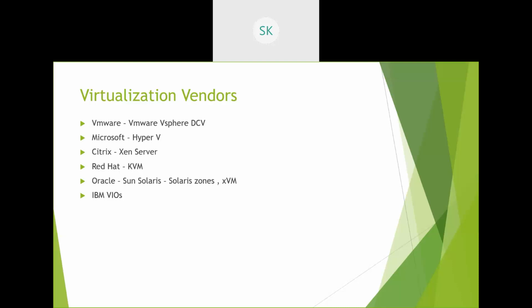There is Microsoft. Microsoft also provides Hyper-V. Each vendor uses different terminology for virtualization. We talk about virtualization or a hypervisor, but VMware talks about VMware vSphere. VMware vSphere is nothing but virtualization.